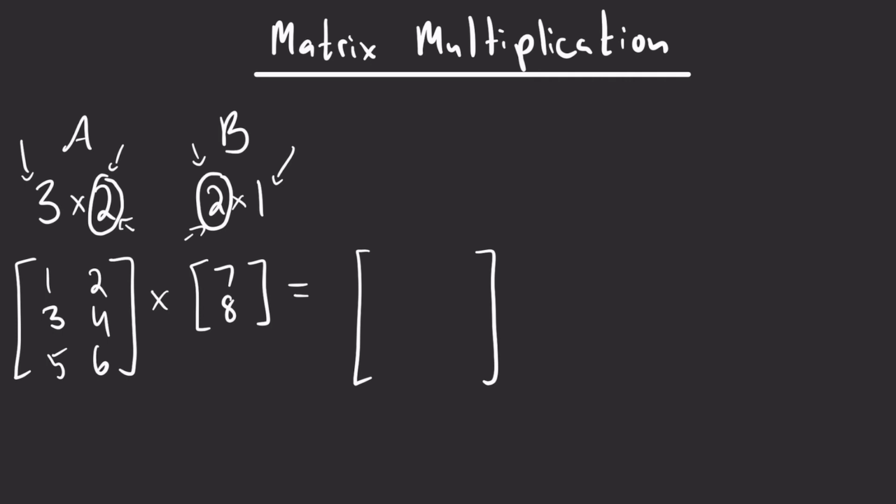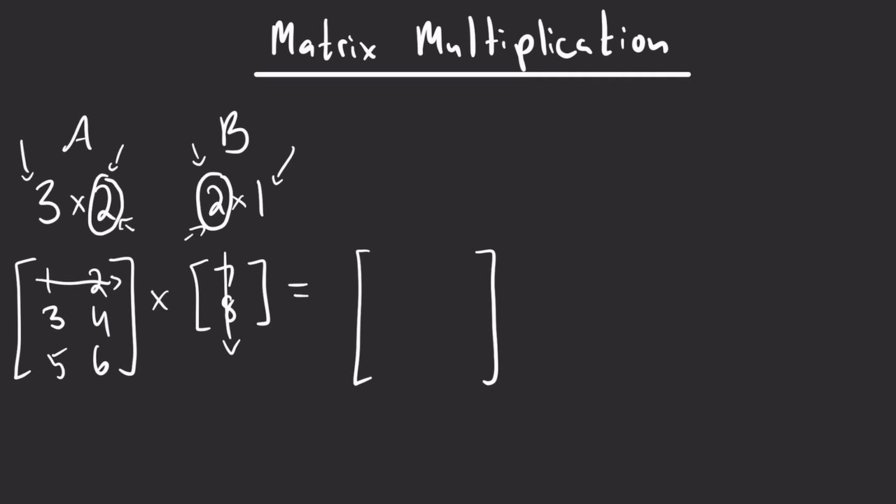So what we do is we multiply the numbers going horizontally here with the numbers going vertically there, and we add these together.